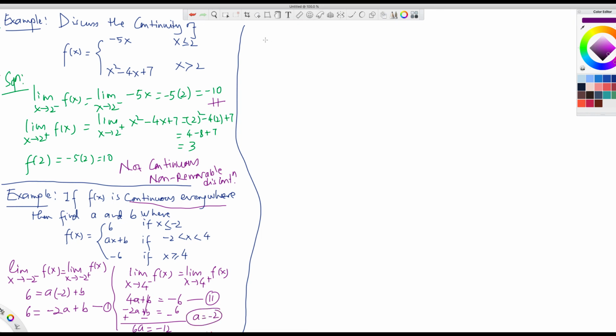And to find out b, let me continue here. You plug into one of the equations. So let me use a equals -2 in equation 2. What do you get? You get 4 times -2 plus b equals -6, right? So -8 plus b equals -6.